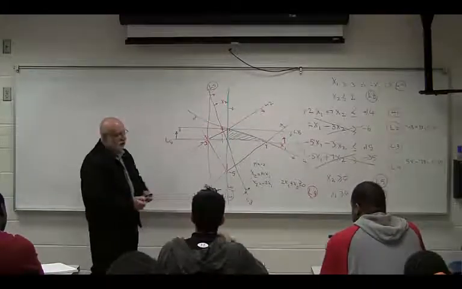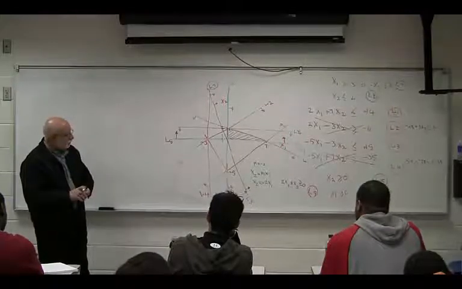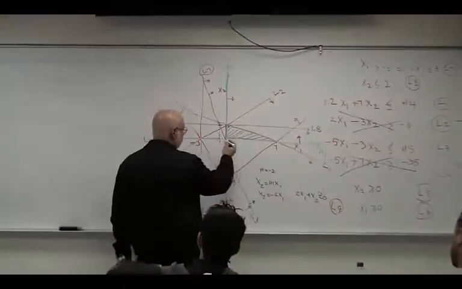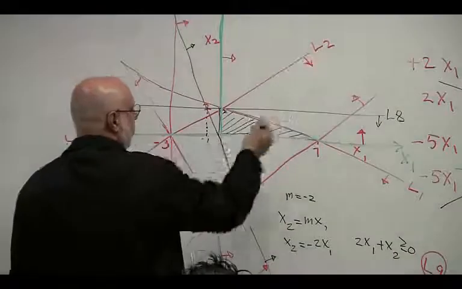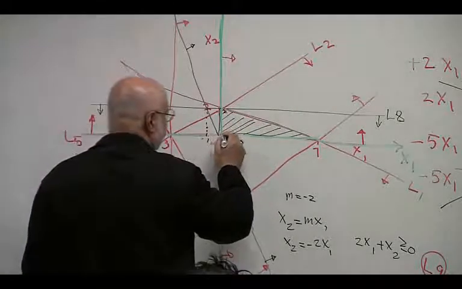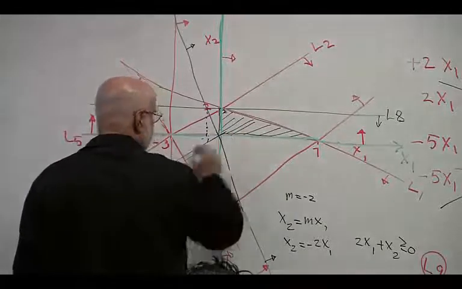Did the solution space change? No. It remained the same. The feasible region remained the same. You said you wanted a line that goes this way, and we will do a line that goes that way. And this time we're going to give you a slope.